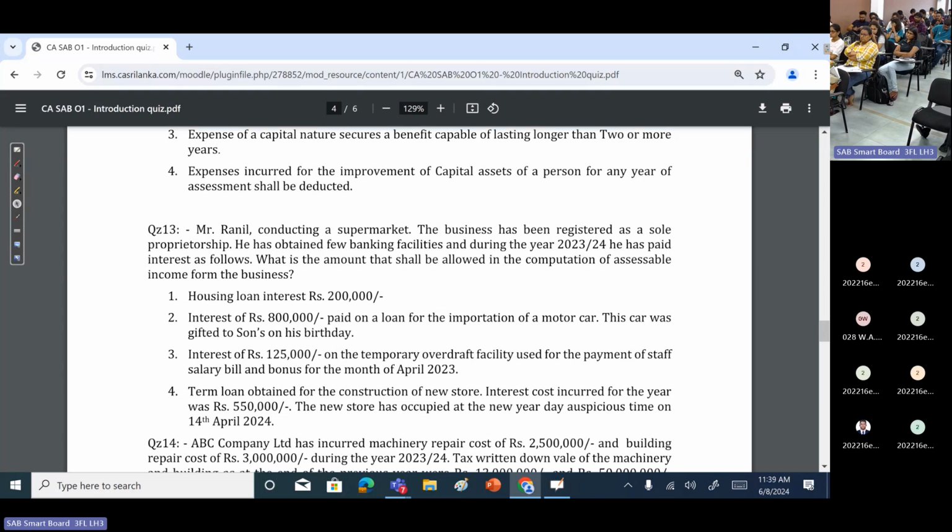That facility has been used for working capital purposes. The term loan obtained for construction of the new store: the interest is relevant to the construction of an asset. The store has not yet been used for the business. It shall be used in the business, in the production of income. They opened that store in the 24/25 year of assessment. For this particular year we cannot claim that interest. Right? Clear?